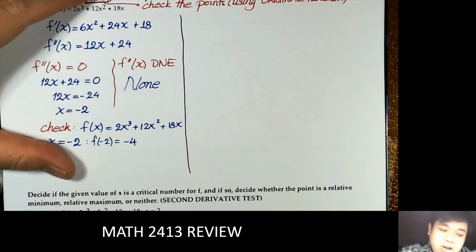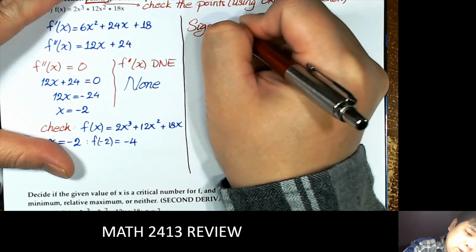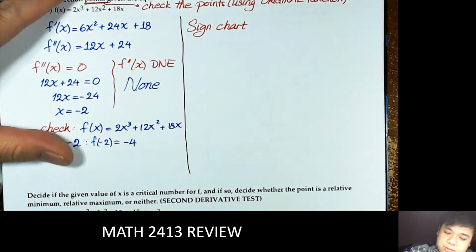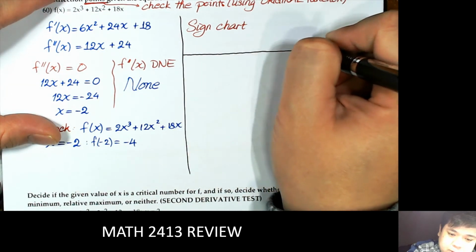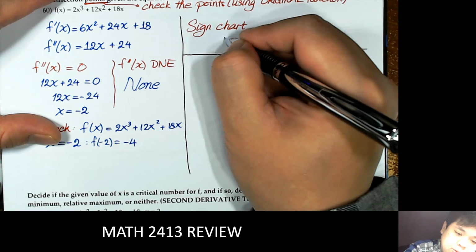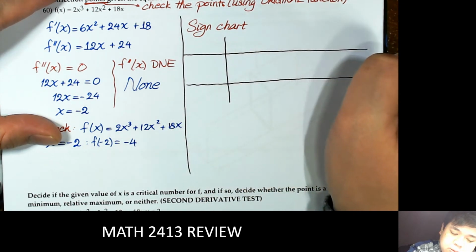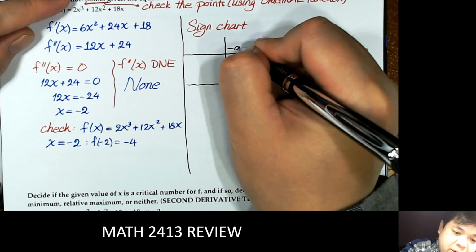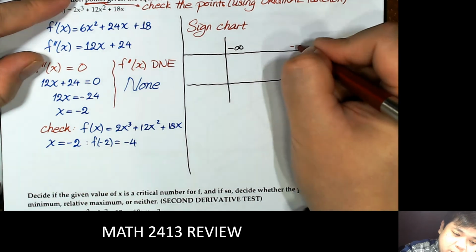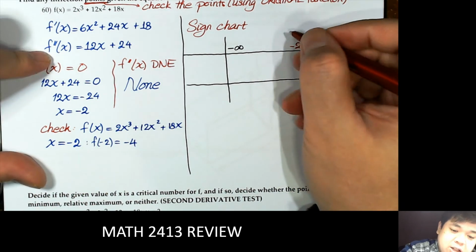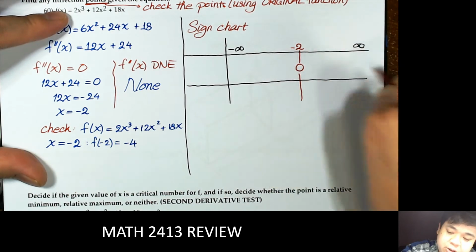Right, next, the sign chart. Negative infinity to infinity. At negative 2, this is where the second derivative is equal to 0.